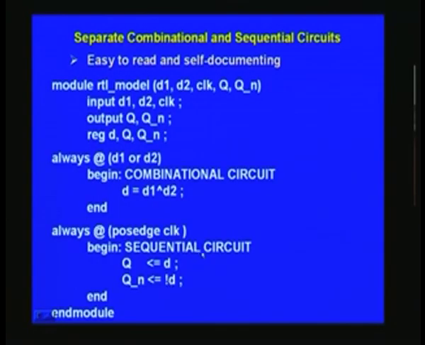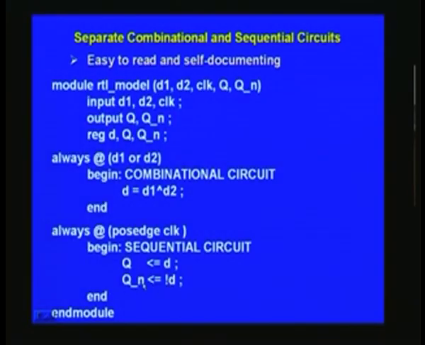As a designer, you have to know the limitations of the tool and then find ways and means to circumvent those limitations. One way to circumvent is to not put this statement here and use an assign statement outside this, and then say assign q underscore n is equal to exclamation mark d, or you can even put a tilde here, a sine wave like pattern.